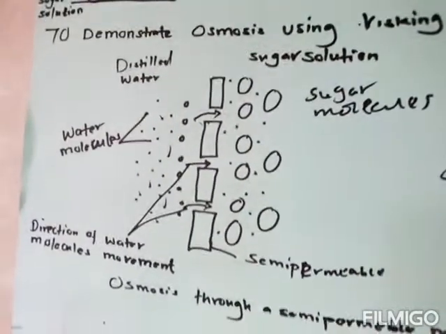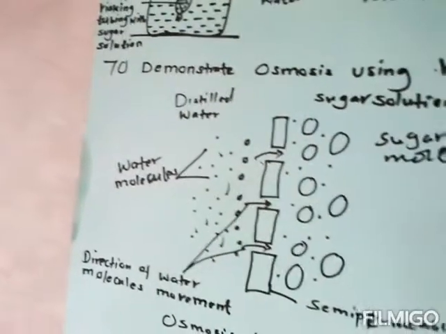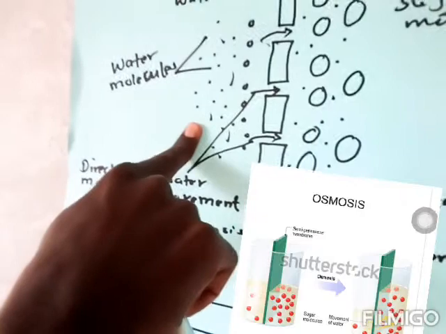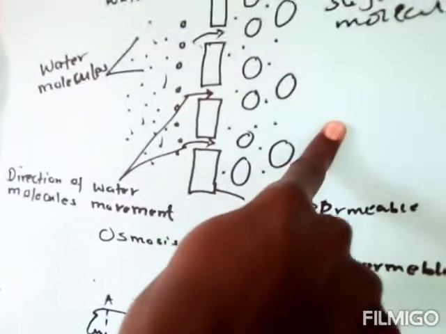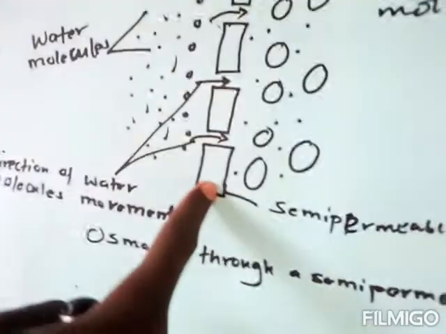So you find that the water molecules or the solvent molecules move from this dilute solution to a highly concentrated solution across a semi-permeable membrane.